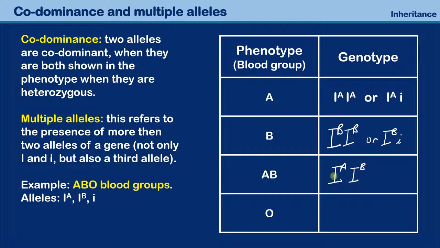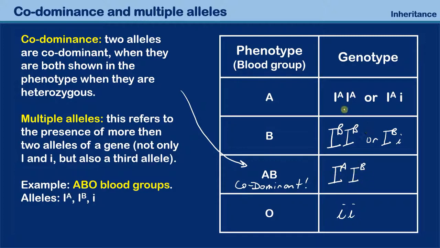It is heterozygous, it's not the same, but both of them are expressed, both of them are shown in the phenotype. So this example over here is the example for codominance. And blood group O is lowercase i. This is the recessive one.